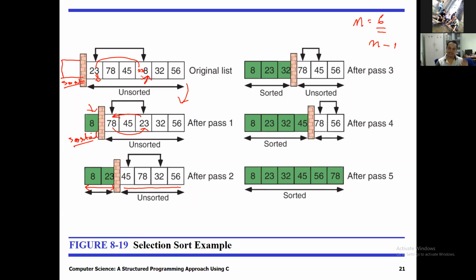Do the same operations again to find the minimum from here. The minimum is 32. Pick that one and swap it with the beginning one, that is 23 and 45. Swap them.